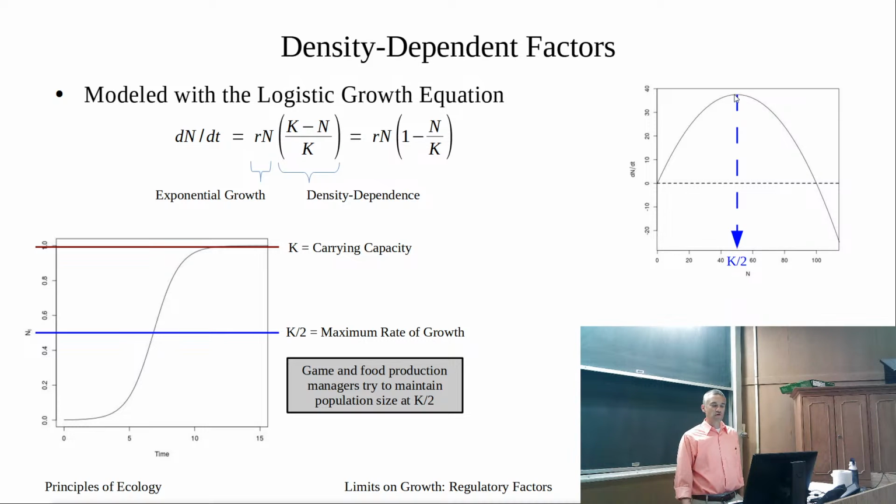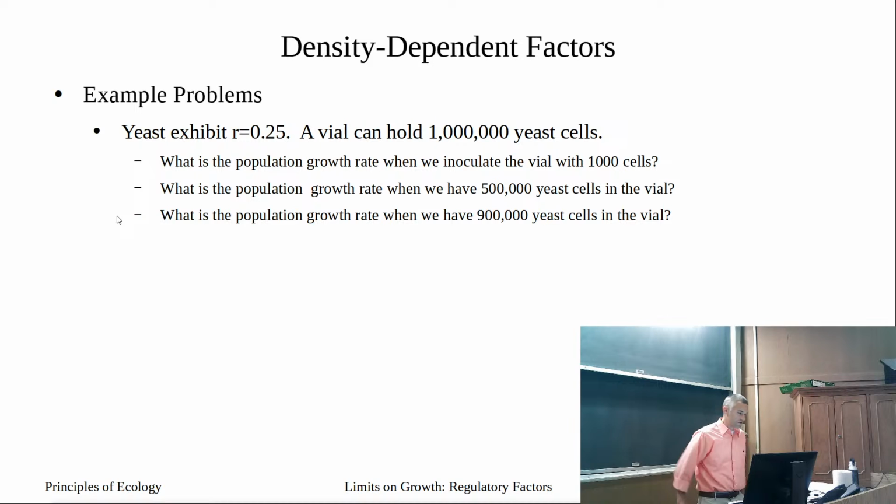And that maximum growth rate is at half of our carrying capacity. On our logistic growth graph, that is our inflection point. That's when our slope is getting bigger and bigger and bigger. We're going almost exponential. And then all of a sudden it flips and we start having slower growth until our growth hits 0 right at the carrying capacity. So with this equation, we did this example problem.